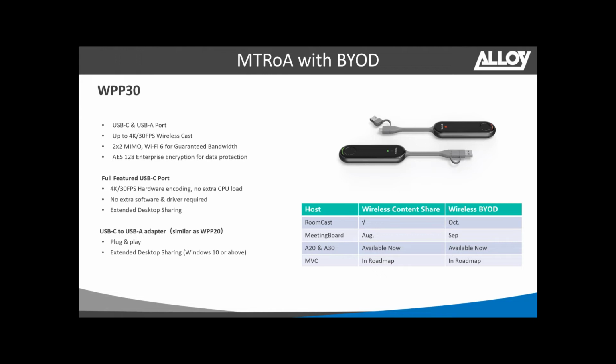So rather than running that cat cable from front of room to table, plugging in cables and things into our laptop, we can simply plug the WPP30 into our laptops, and it will wirelessly connect to the camera, mic, and speaker of the A20 and A30. Plus, it also wirelessly presents whatever is on our laptop screen to the front TV.